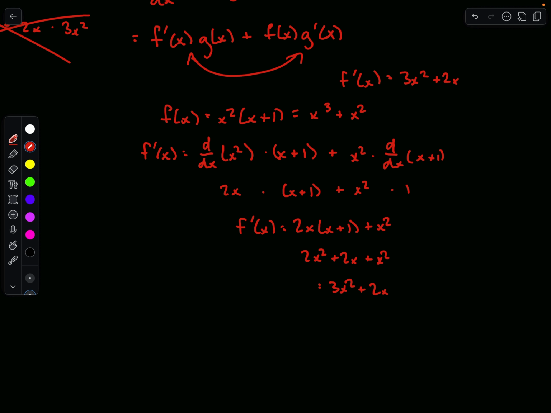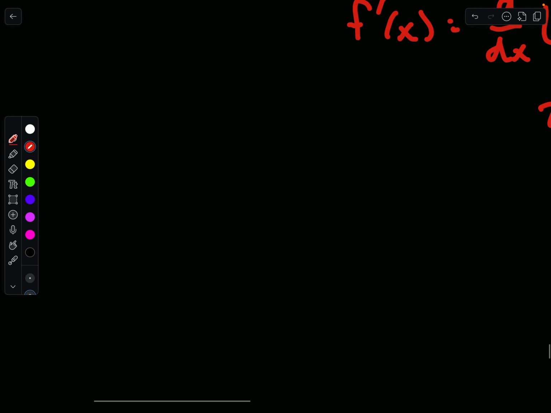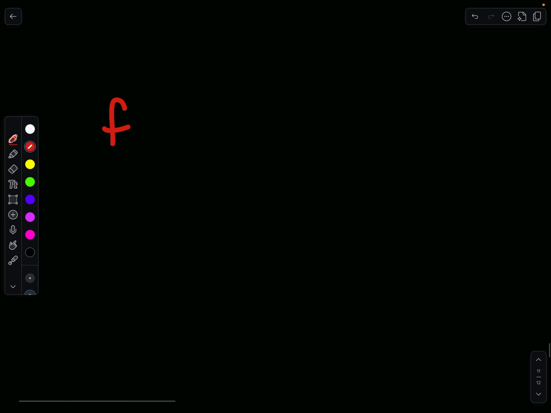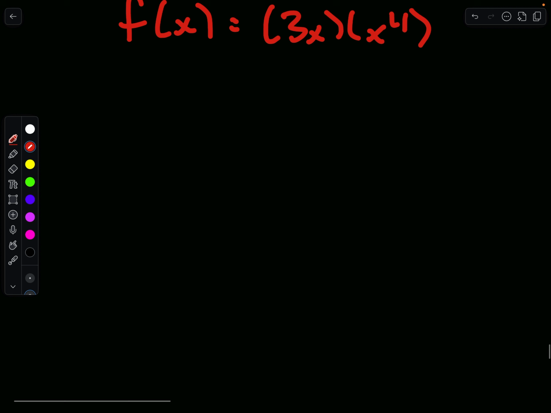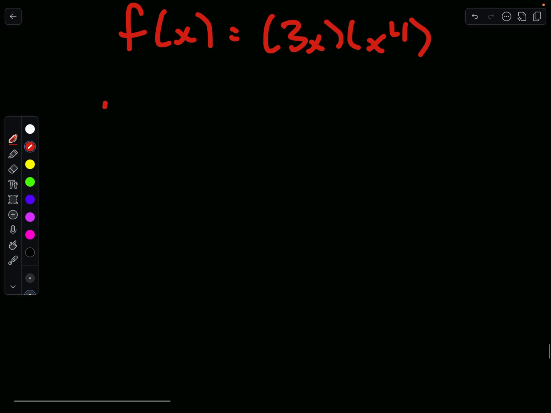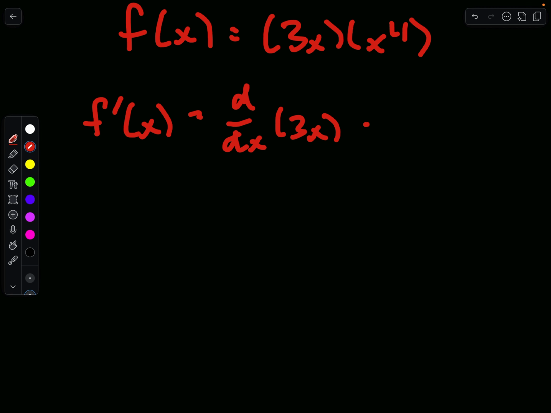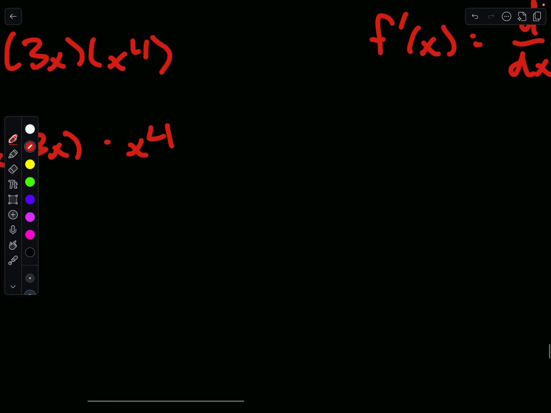Now let's look at another example. Let's say f of x equals 3x times x to the fourth. If we differentiate, we get f prime of x equals d dx of 3x times x to the fourth, plus 3x times d dx of x to the fourth.